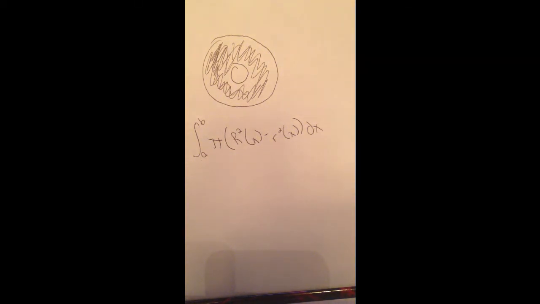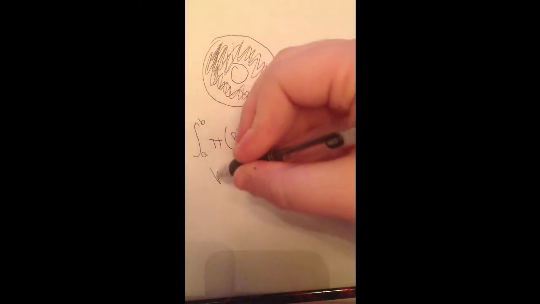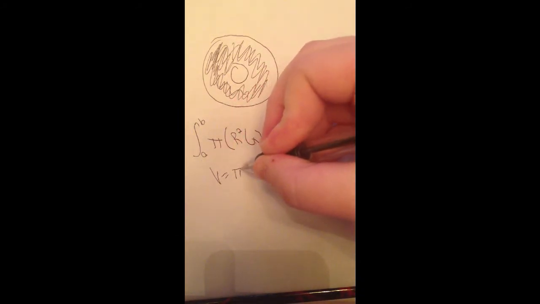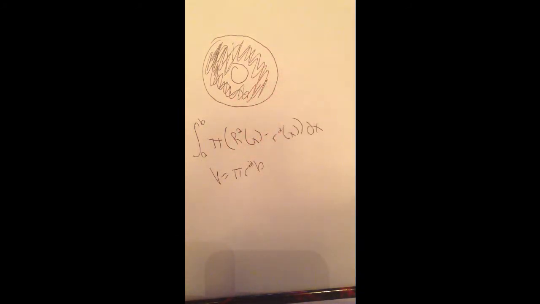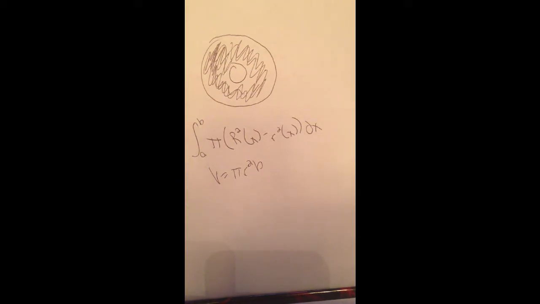Okay, so a and b is going to be where the solid begins and ends, and everything in the integral comes from the same cylinder volume formula we've been using earlier, which, as you recall, is pi r squared h. The only difference is we have to subtract the two radii of the cylinder, and that's where this big R squared minus little r squared comes from. So let's apply this to a problem.